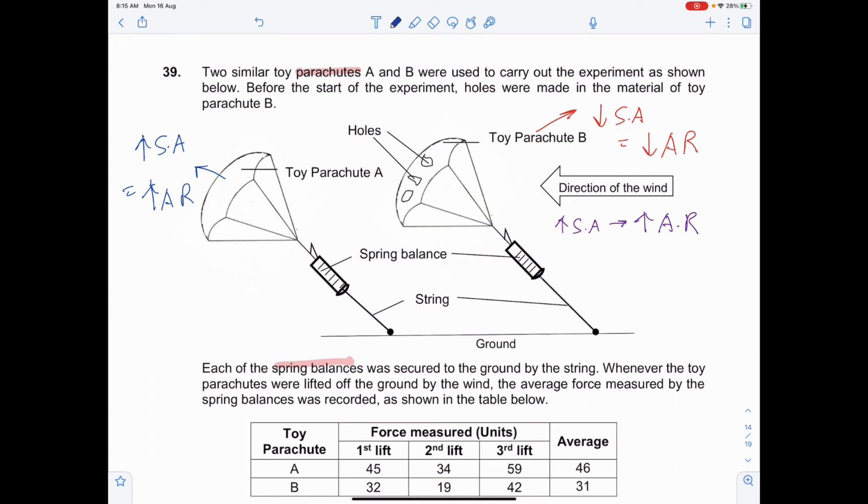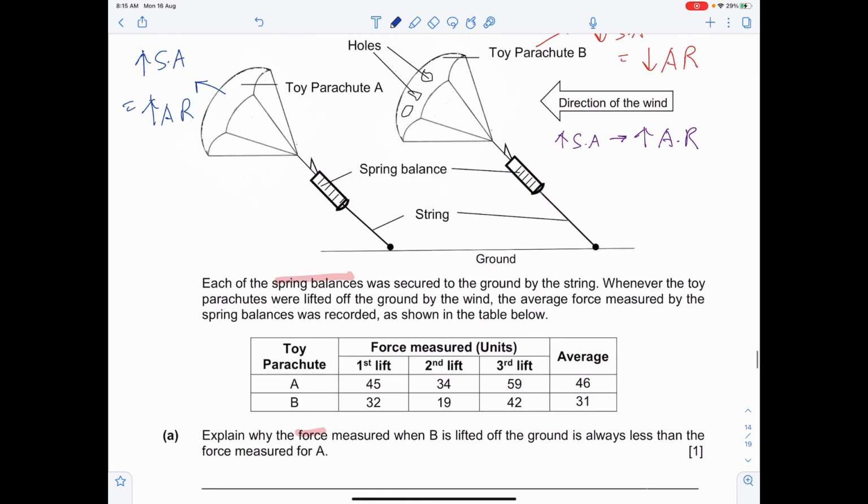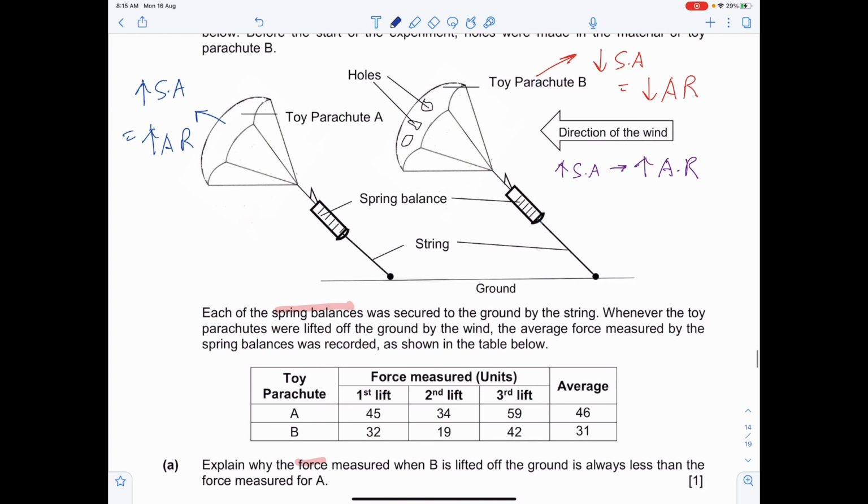Now, you will also need to understand that this question requires one to look at forces very, very carefully. And because it is an experimental setup, once again we should look at the change and constant variables or the measured variables.